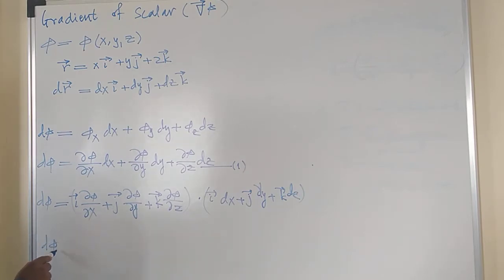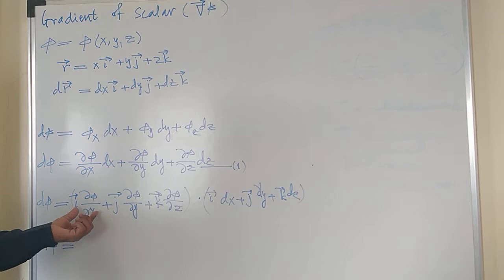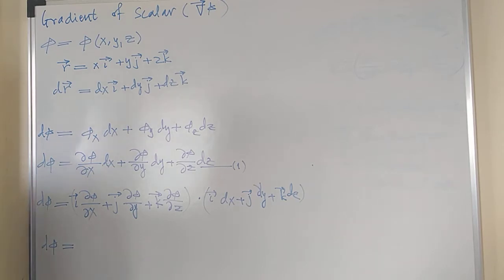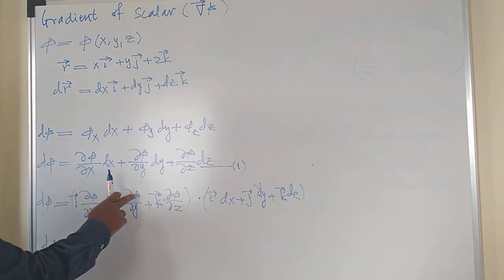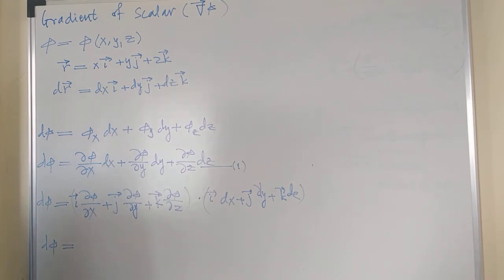So I can write d phi is equals to, now what is this? i into dou phi by dou x. I can write this in terms of a differential operator. If I take out this phi, the scalar point function, as common, then you will get in the bracket i bar into dou by dou x plus j bar into dou by dou y plus k bar into dou by dou z, right?